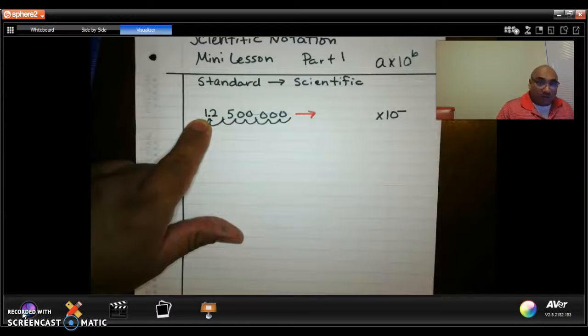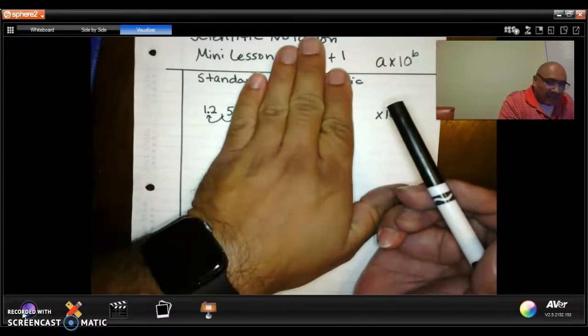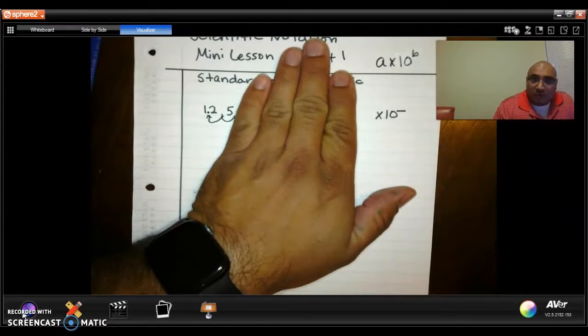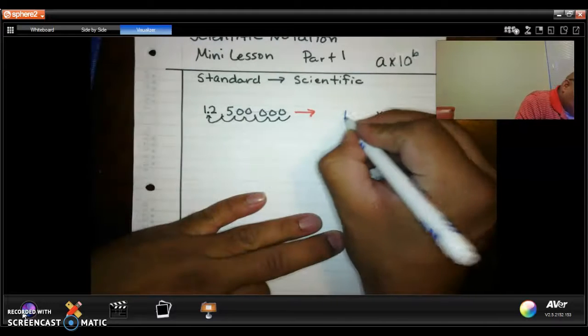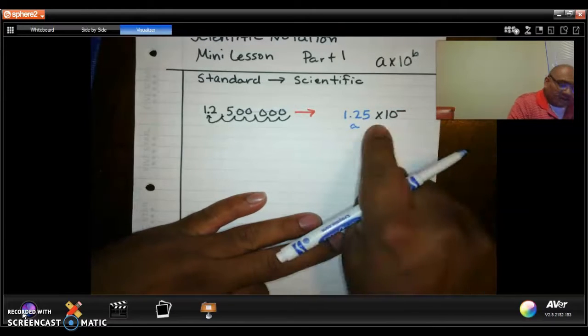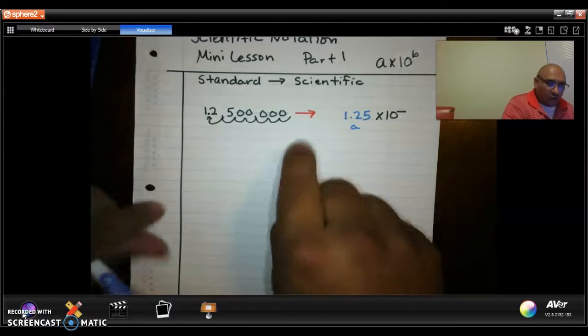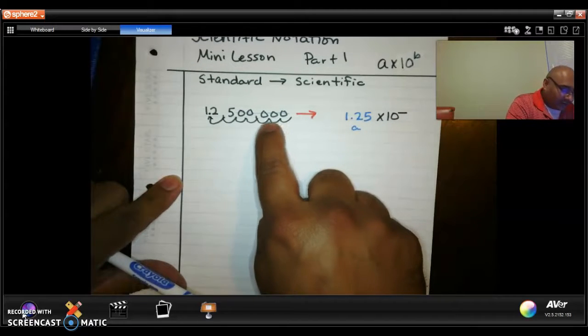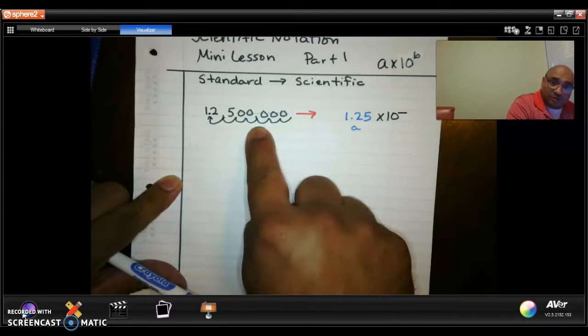So again, remember our goal is to eliminate ending zeros. By eliminating the ending zeros, I'm going to write what was remaining, 1.25. That is our A. Now, times 10 to a certain power. Well, if you recall, when we counted, this is actually our exponent.